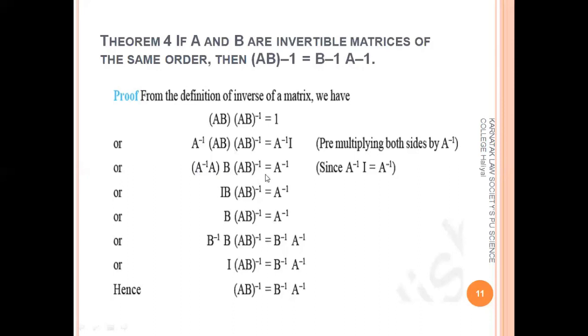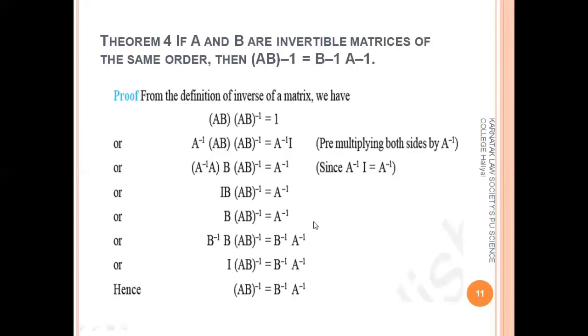The (AB) inverse is as it is, and A inverse into I means A inverse only, because if you multiply any matrix with I, you get the same matrix. Therefore, IB (AB) inverse equals A inverse. Again, IB is equal to B.